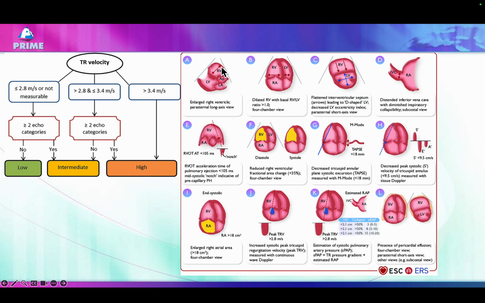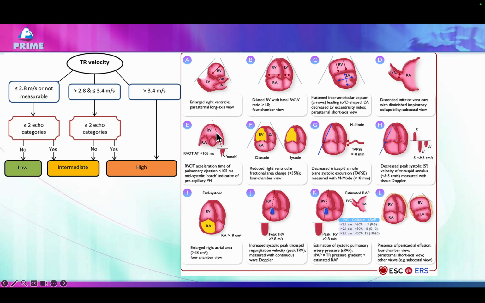And what are the parameters? The echo parameters: RA dilatation on the parasternal long axis view, RV dilatation on the apical 4-chamber view where it is more than 1 or bigger than LV, and then flattening of the interventricular septum on a cross-section view. When RV pressure is more than the LV, the septum rather than circular flattens either in systole or diastole.